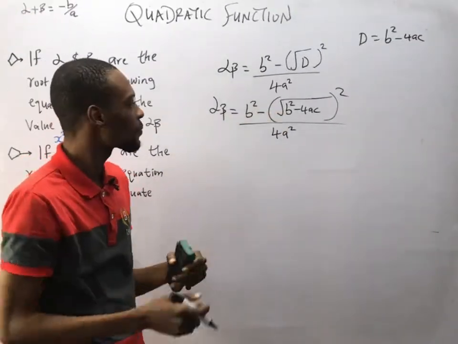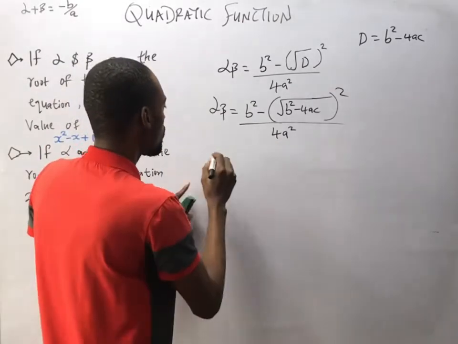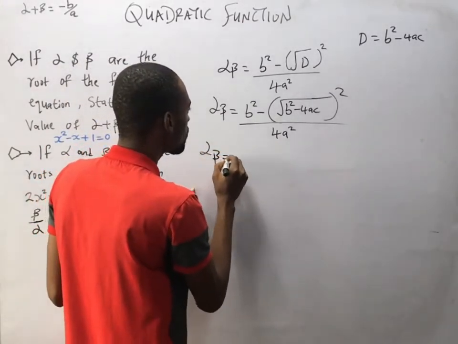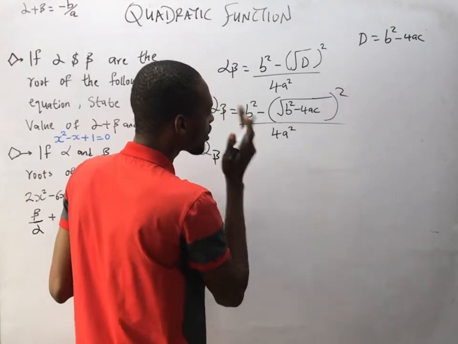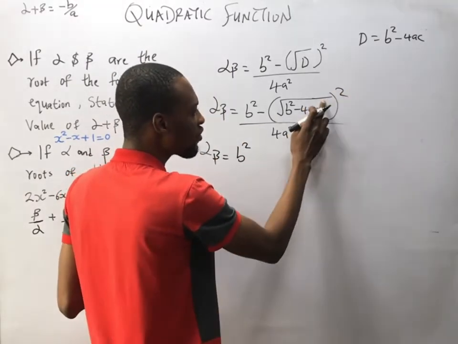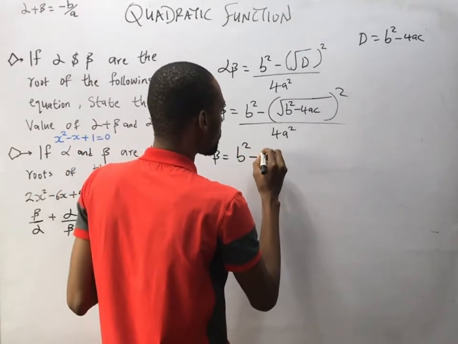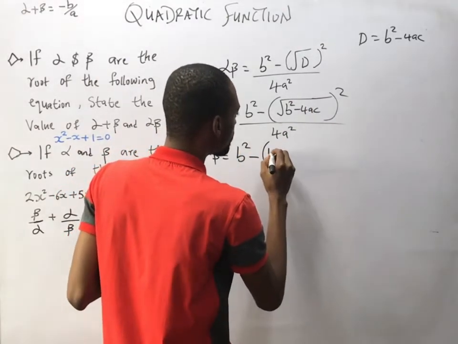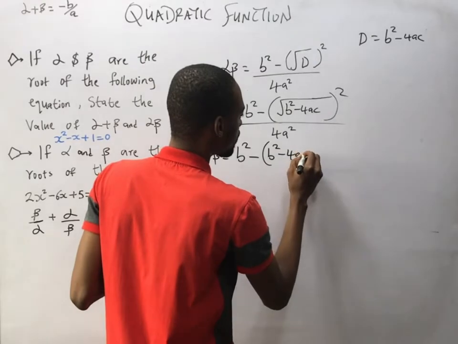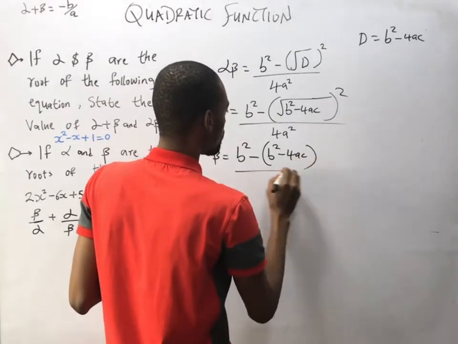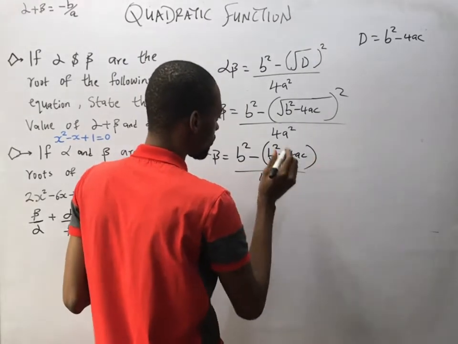So let's proceed. Now, given this, we know that d is b square minus 4ac. Now, this square obviously removes the square root. So we are left with b square minus (b square minus 4ac) over 4a square.